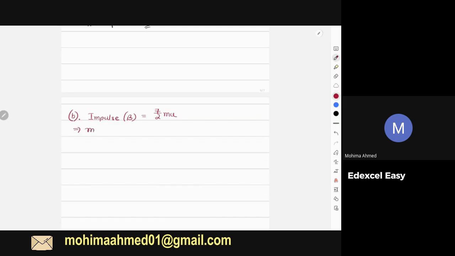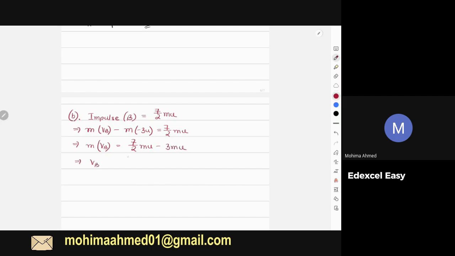Part B has a mass m, so final velocity was vu in the positive direction. Initial velocity was in the negative direction, so you get m vb. If you take this, it is positive 3 mu, right? If you take this to the right hand side, it will be 7 over 2 mu minus 3 mu. So you get 0.5 again.